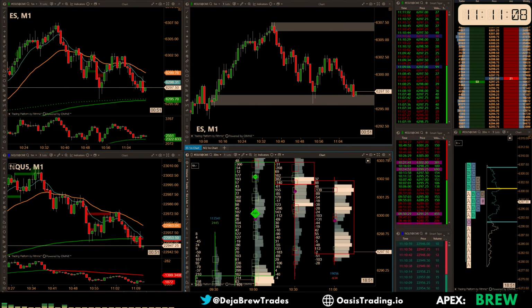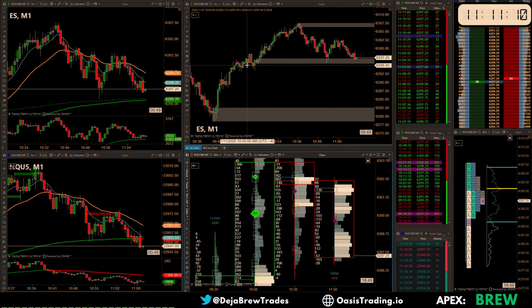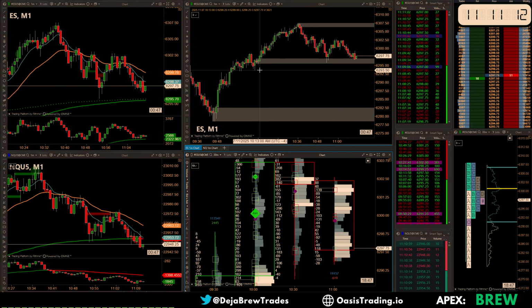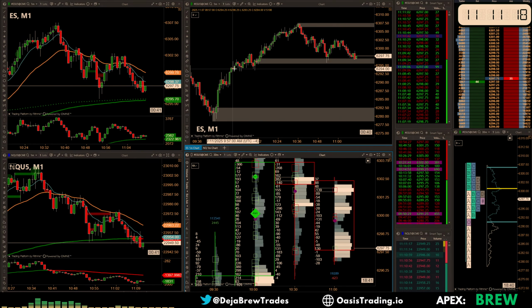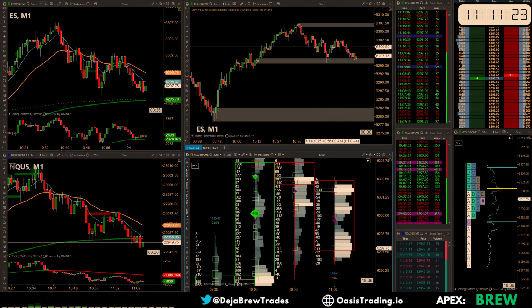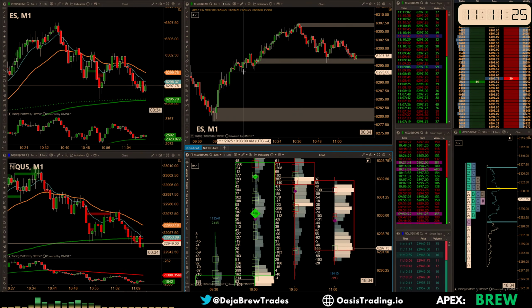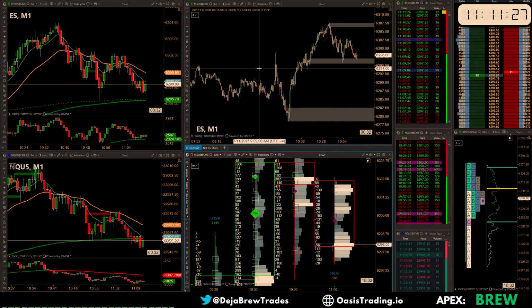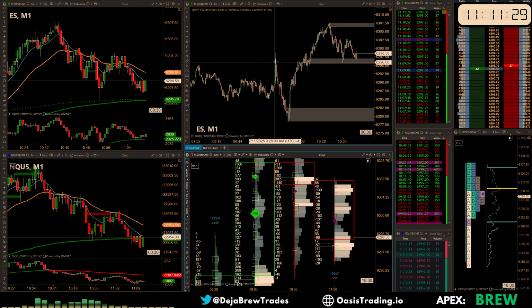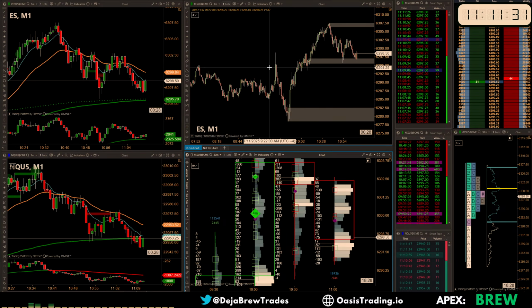I'd say complete invalidation would be like 92. If you stay below these last lows right here, that's the higher time frames taking over. We could consider this a short time frame sell-off, but as soon as you start staying below this cluster right here, you're back below the previous high. You've basically lost everything.